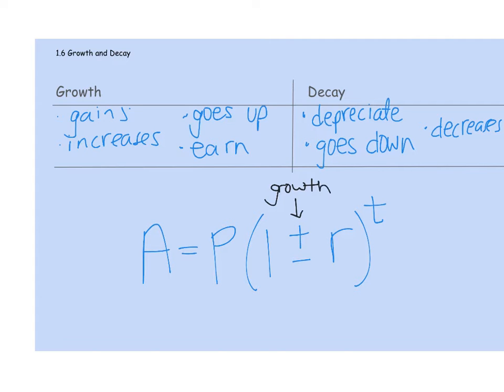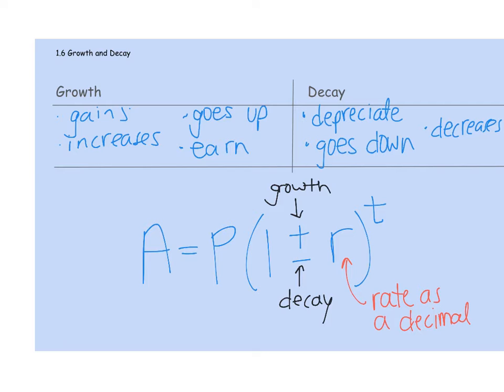So if you know that it's growth, then you're using 1 plus. If you know that it's decay, then you're doing 1 minus. And what we're adding or subtracting is your rate, which I'm going to put as a decimal. So remember to divide that by 100 to get that decimal.